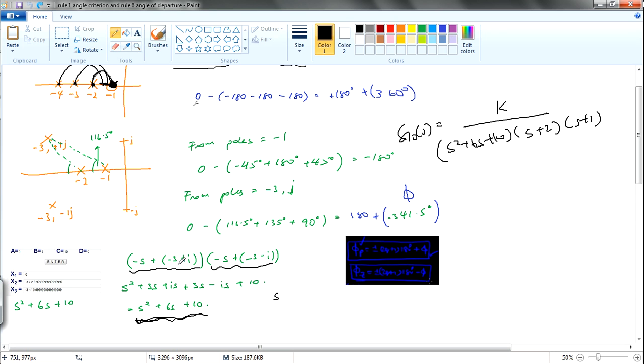It's a little tricky. Perhaps let's say you are given these two poles and you're asked to derive the equation, because now these are imaginary poles, so the poles of the equation should be this one.